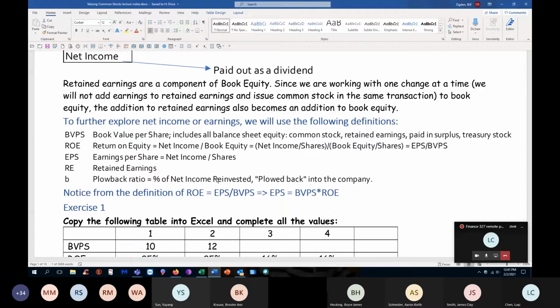So I see someone raise a hand, I come back, and the question is, what's the plowback ratio? I need the plowback ratio to make this calculation. Well, the plowback ratio is the percent of net income reinvested. So when I say a company reinvests 40% of its earnings, then it plows back 40% of its earnings. So those are the same terms.